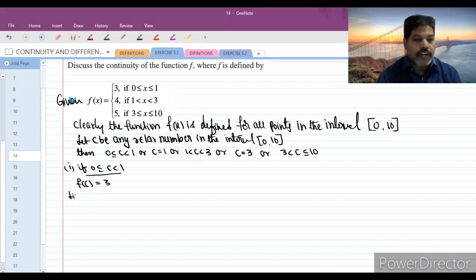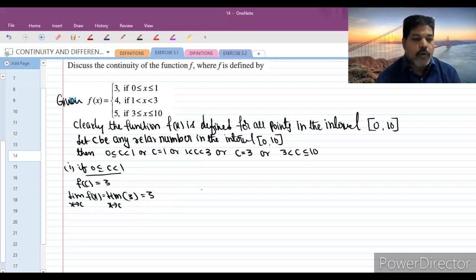Also, if you take the limit as x tends to c of f of x, f of x value is 3, because for 0 less than or equal to c less than 1, the f of x value will be 3 only. If you apply the limit, it will be 3.